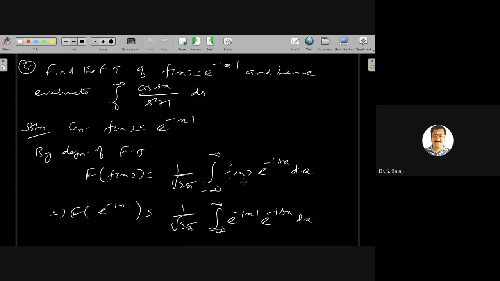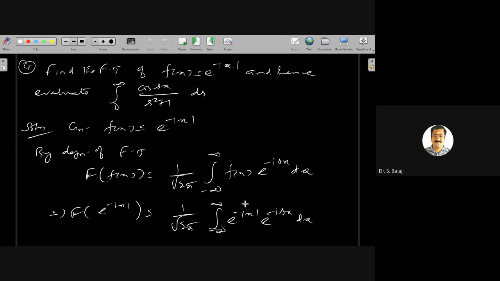For the Fourier transform of e power minus mod x, you replace f of x with e power minus mod x, times e power minus isx.